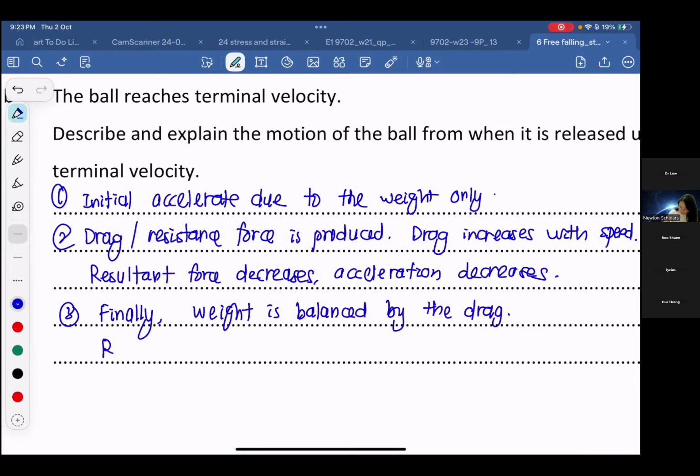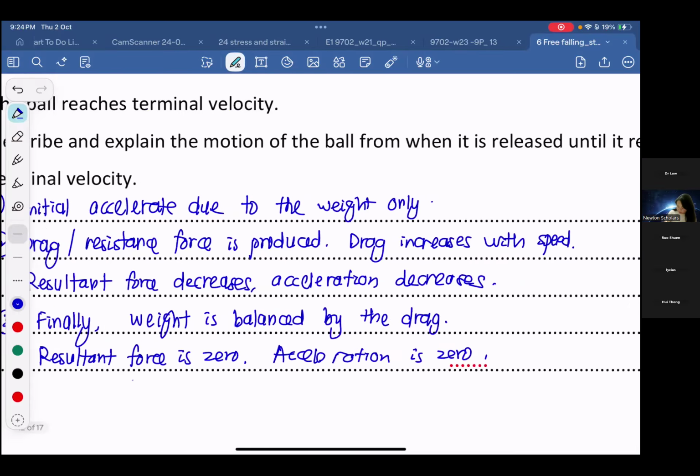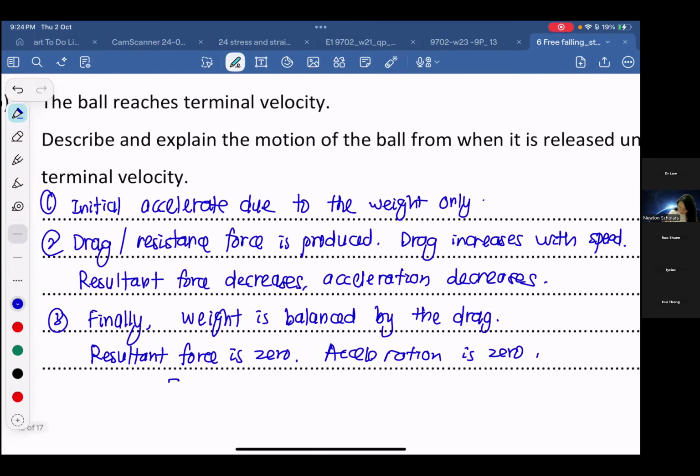Resultant force is 0. Acceleration is 0. So terminal velocity is achieved.